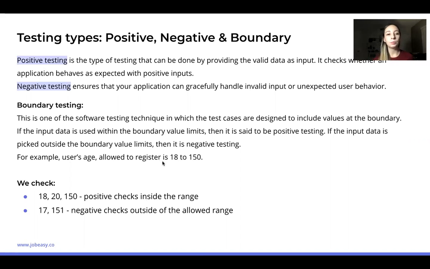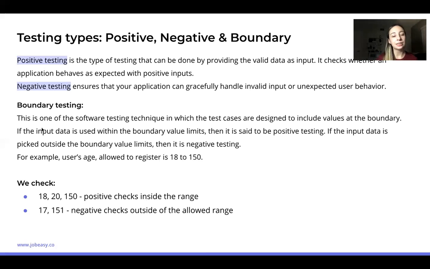At the same time, if you input something that is less than 18, you should not be able to register. Or if you input something over 150, then you should also not be able to register, because at this point that is more than our allowed age for registration.